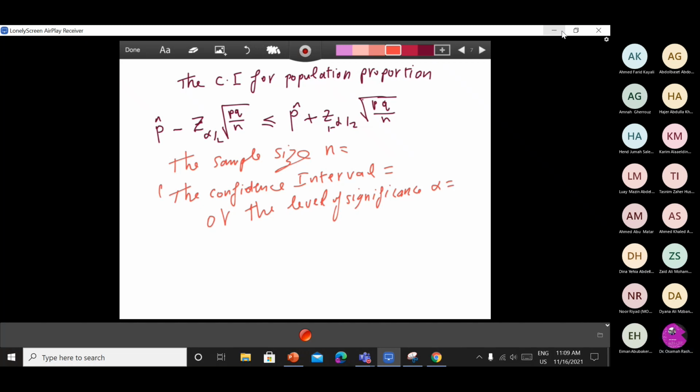Okay. What else do I need in the formula?